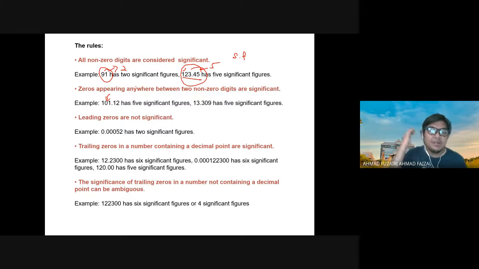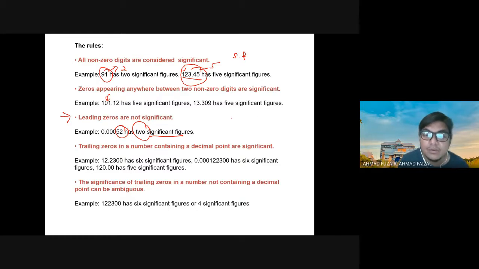And how about leading zeros? Okay, this is important. Leading zeros are not significant. For example, this is a decimal point where you can have 0.0005. So what is the number of significant figures? Just one or two significant figures only. We don't include all the zeros at the beginning.